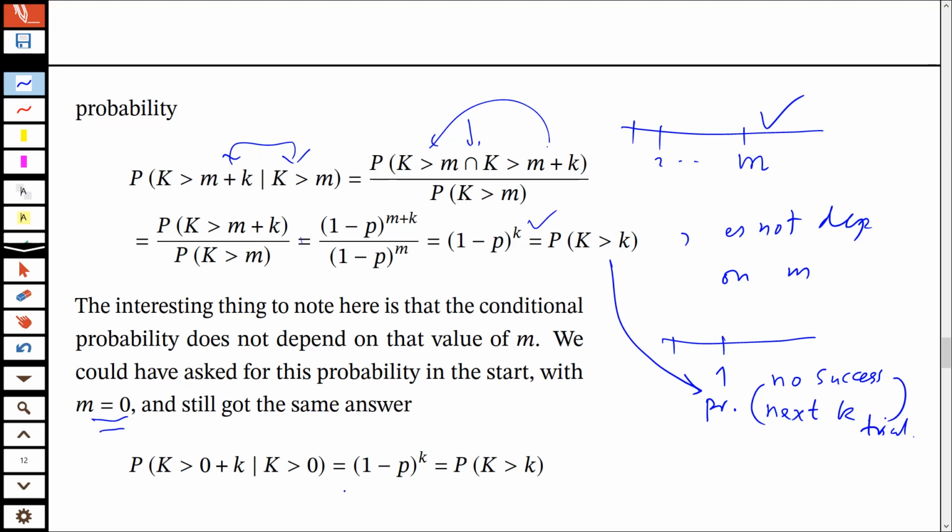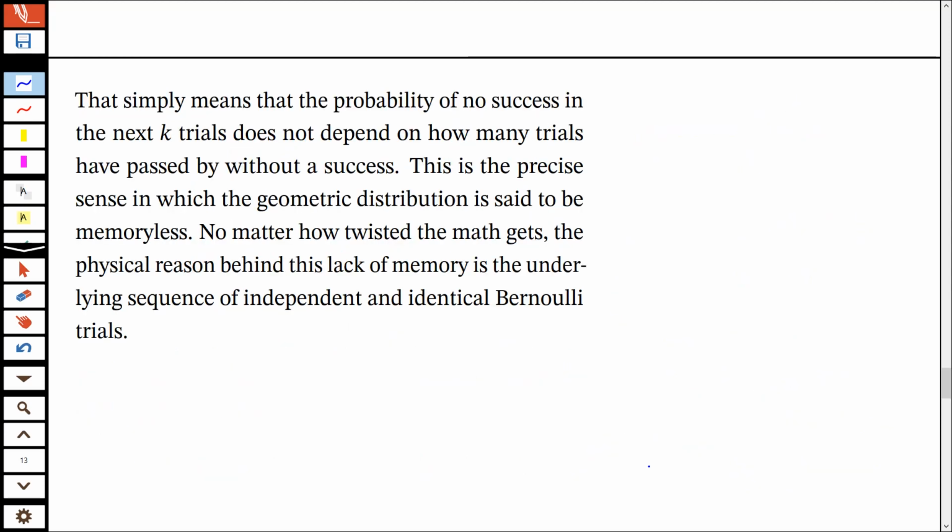And here, because we have set m to 0, this same quantity, numerically the same, can also be viewed as the probability of no success in k trials. K trials means that I'm not talking about next, I'm just counting it from the start. So this process has no memory. That's the point. That's the punchline.